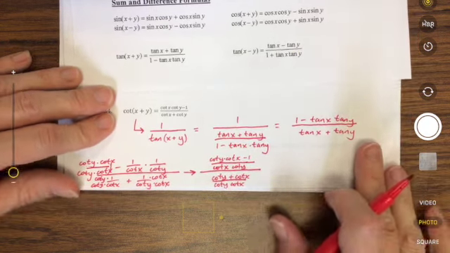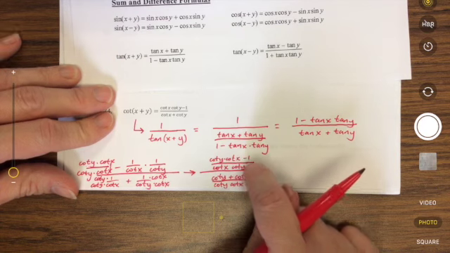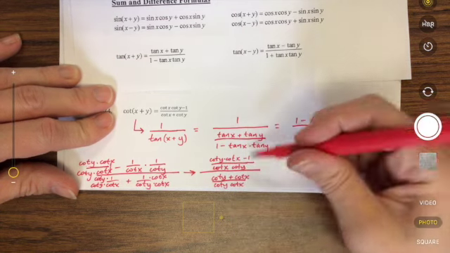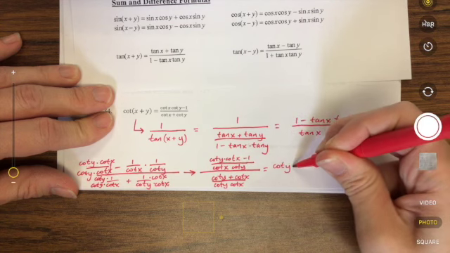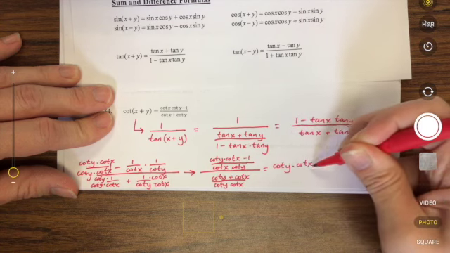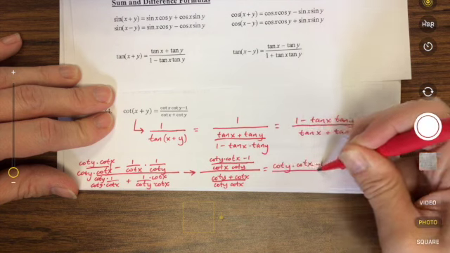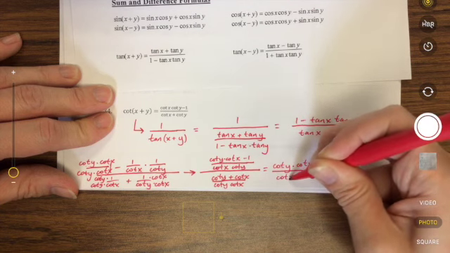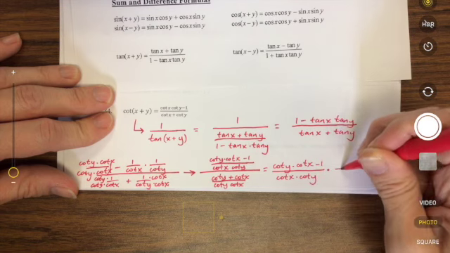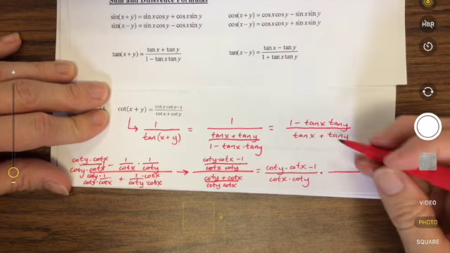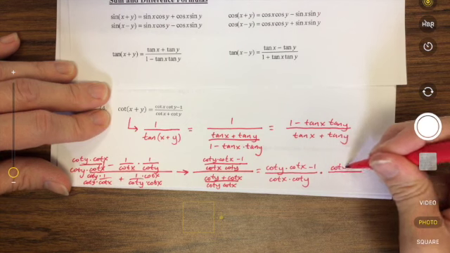And now finally, since we have a single fraction in the numerator and a single fraction in the denominator, we can do our keep, switch, flip. So cotangent y times cotangent x minus 1 over cotangent x times cotangent y times the reciprocal of the denominator.